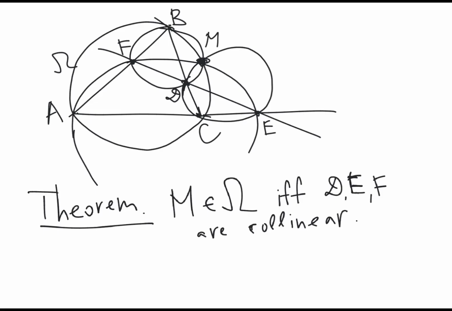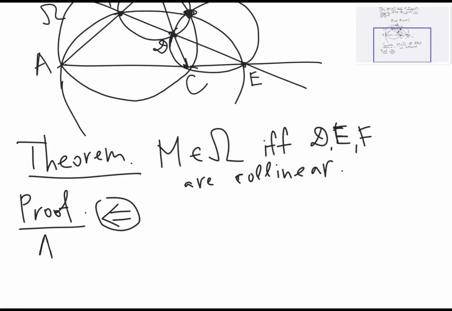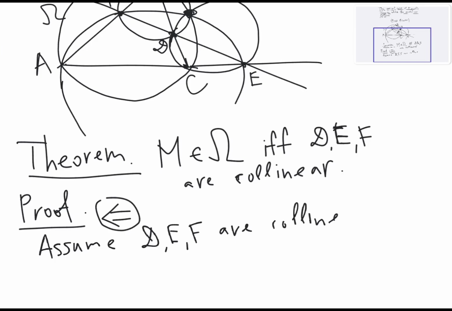Okay, so let's prove it. We will start in this direction. So we assume that D, E, F are collinear, and we will prove that M belongs to the circumcircle.